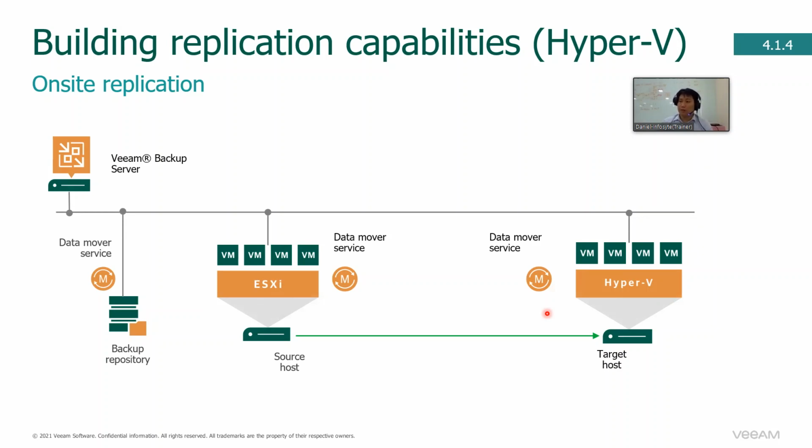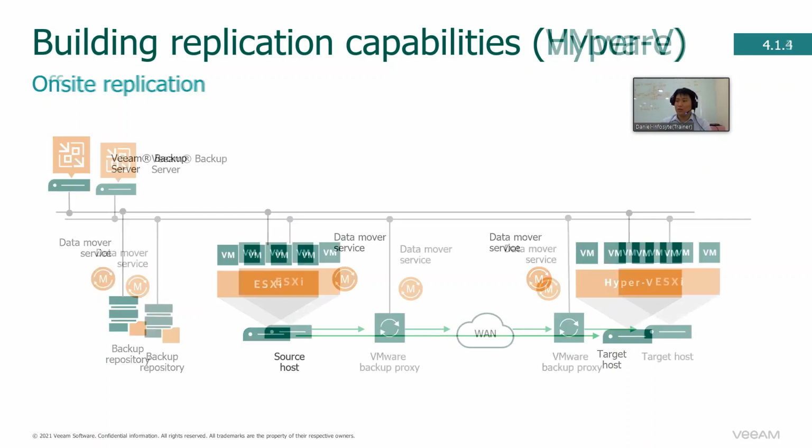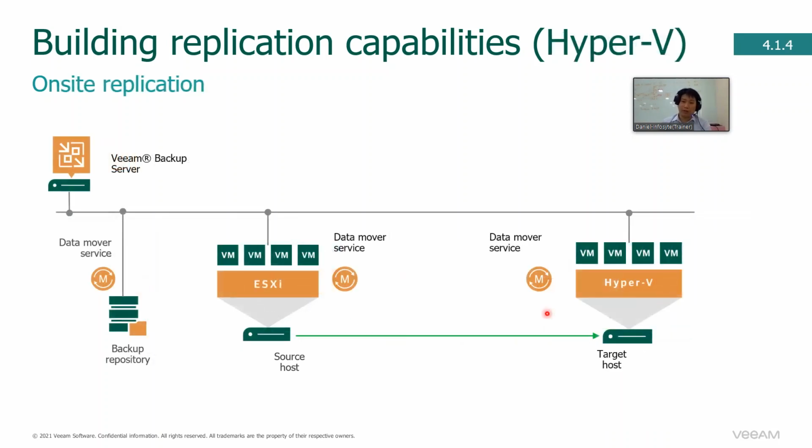You will see from the source it's actually ESXi. This is some problem with the material. Same thing goes for off-site replication. It should be Hyper-V to Hyper-V. The on-host backup proxy is able to get the job done straight away without any issue. So this is for the replication function in Hyper-V.